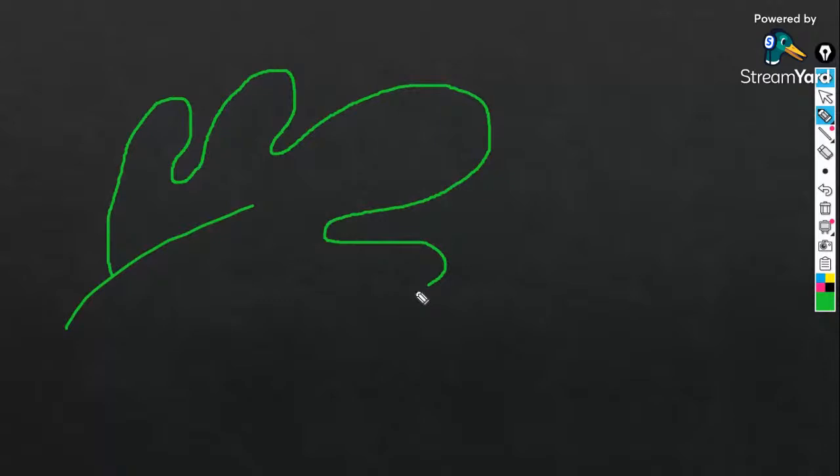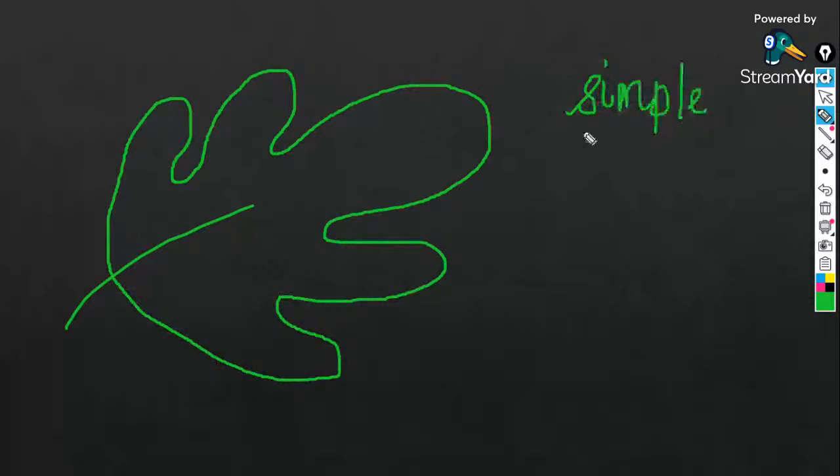This is also a kind of simple leaf. Why? Because these incisions are not touching the midrib.